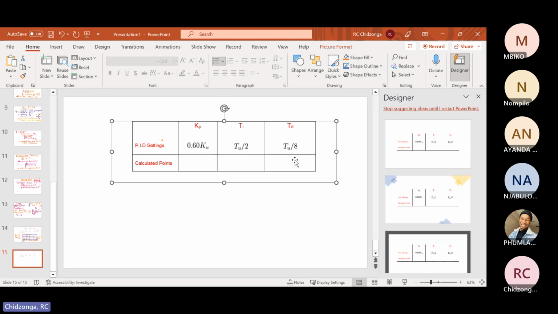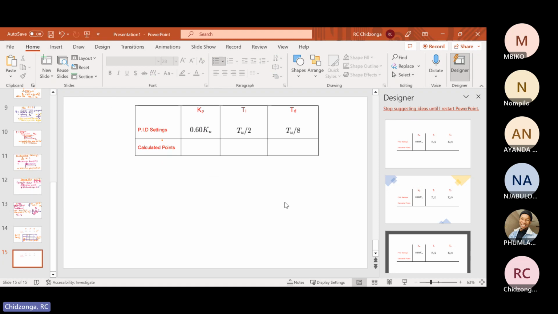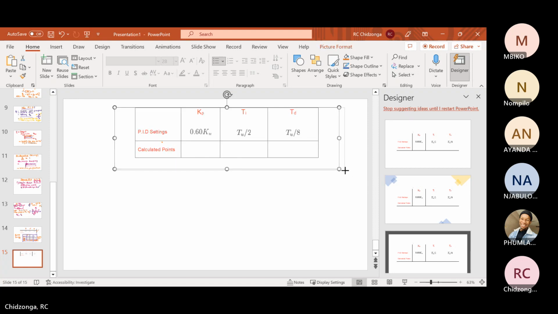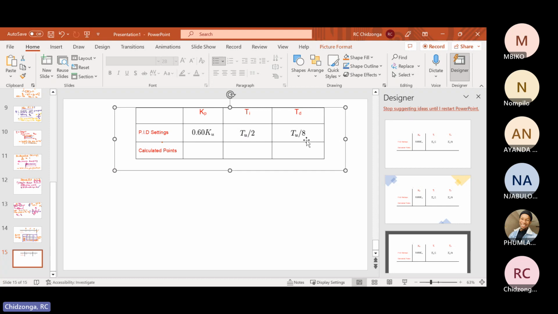You see, what we are using is what we call the Ziegler-Nichols ultimate cycle method. Now, these are small equations which these gentlemen, Ziegler and Nichols, devised to help us set the values in a PID controller.